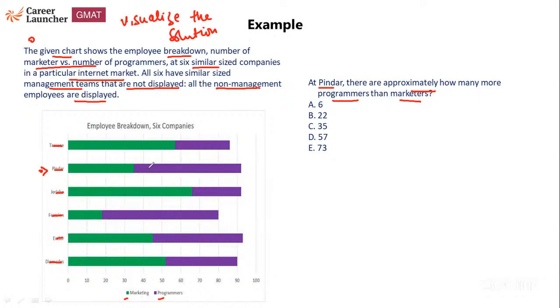And how much more is the purple region than the green region, that is what is required. So just see, this first block of green is equal to the first block of the purple. They both are equal. You just have to find how much purple is more than green.